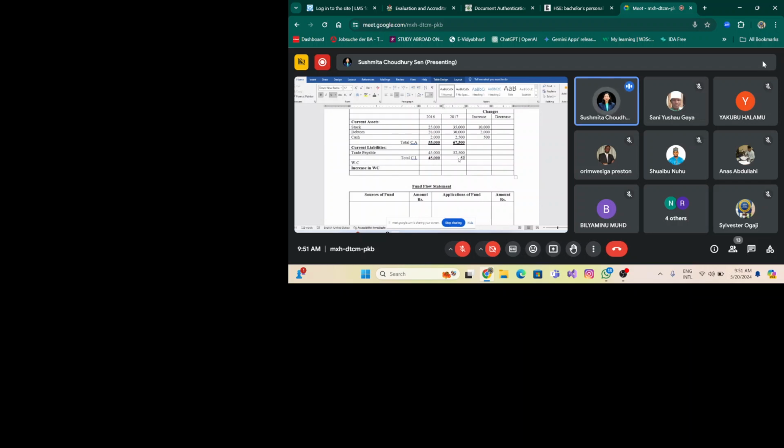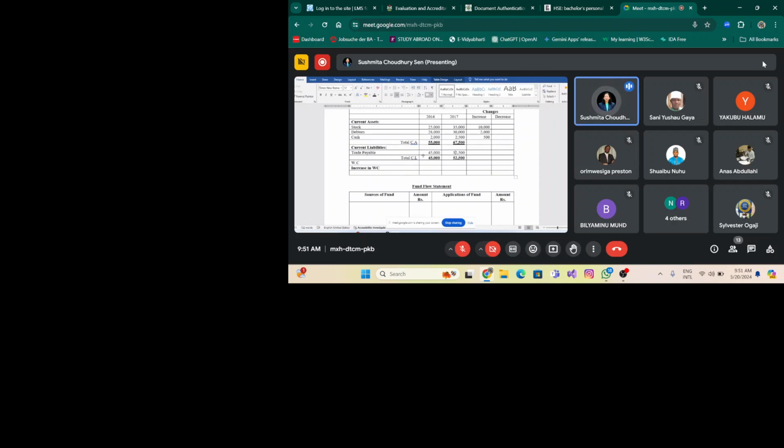Only one item, so no need to total. This is the only total. Now you need to understand, when we are writing here, if we see from 16 to 17, according to our observation, you feel that it is increasing. But always liability we write in the decrease side. Why? Because funds are going to be reduced if the liabilities are increasing, because in the near future, within the financial year, you need to repay that amount again.